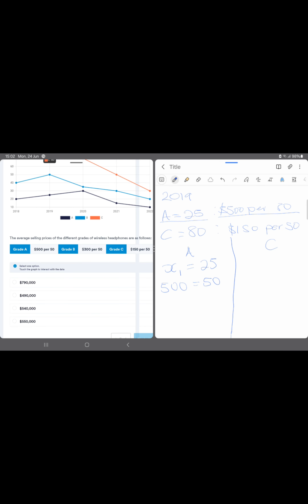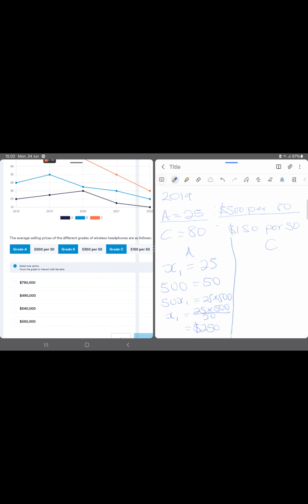Then we can use cross multiplication, so we have 50x1 is equal to 25 times 500. Then x1 is equal to 25 times 500, divided by 50, which gives us, you can punch that into your calculator, $250.